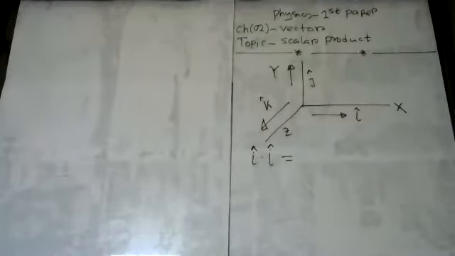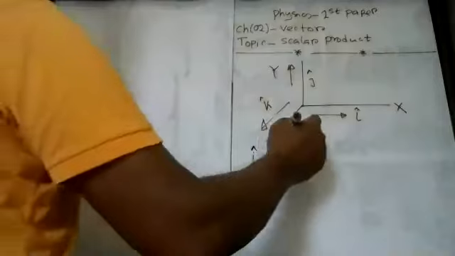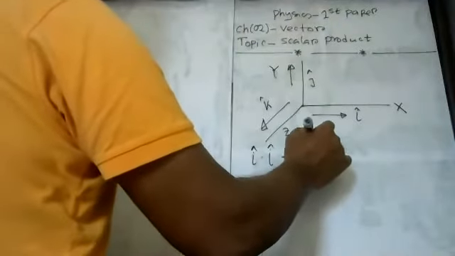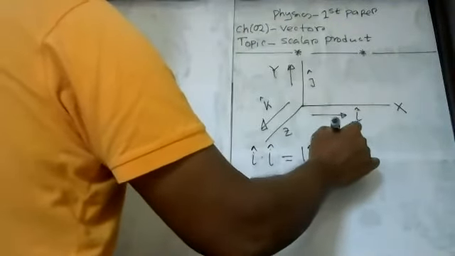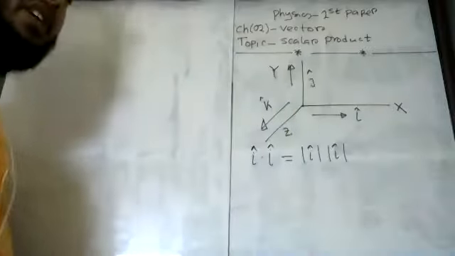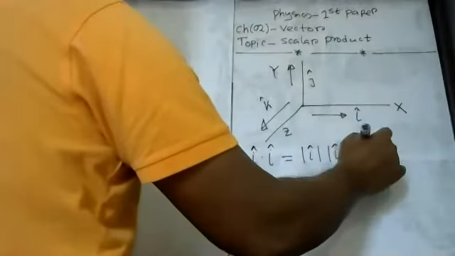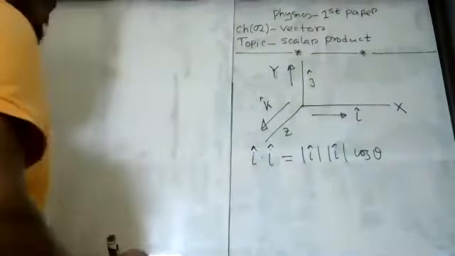If A dot B equals AB cos theta, then i hat dot i hat will equal what? It will equal the magnitude of i hat times the magnitude of i hat times cos theta.